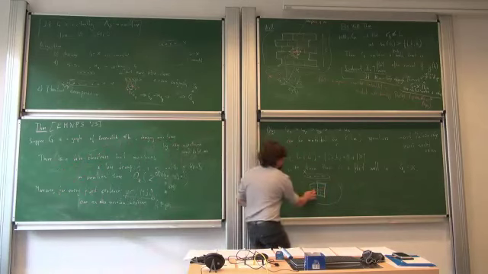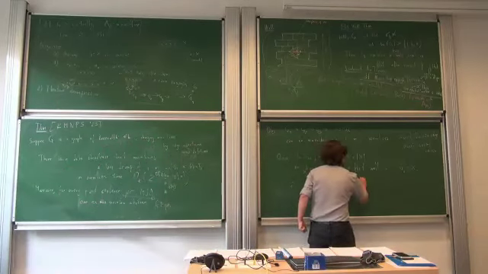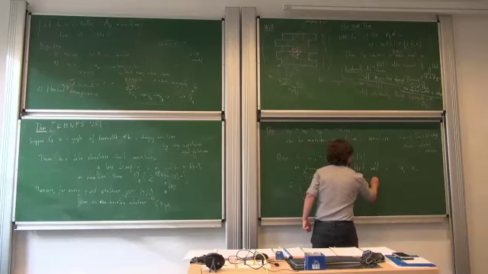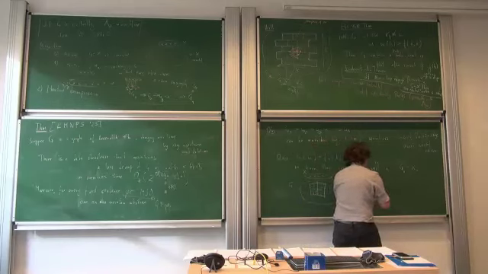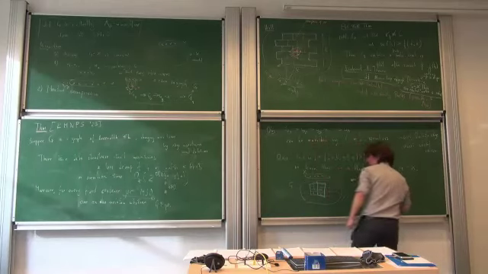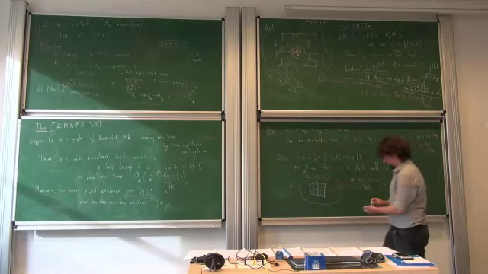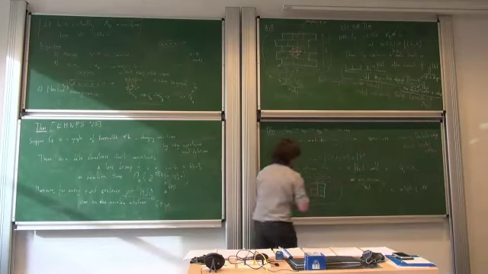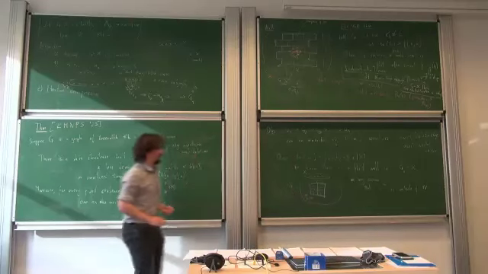So, all in all, we may assume that B star, the mega vertex, is outside of that. It's also not in any of these flaps, because flaps are part of the compass.